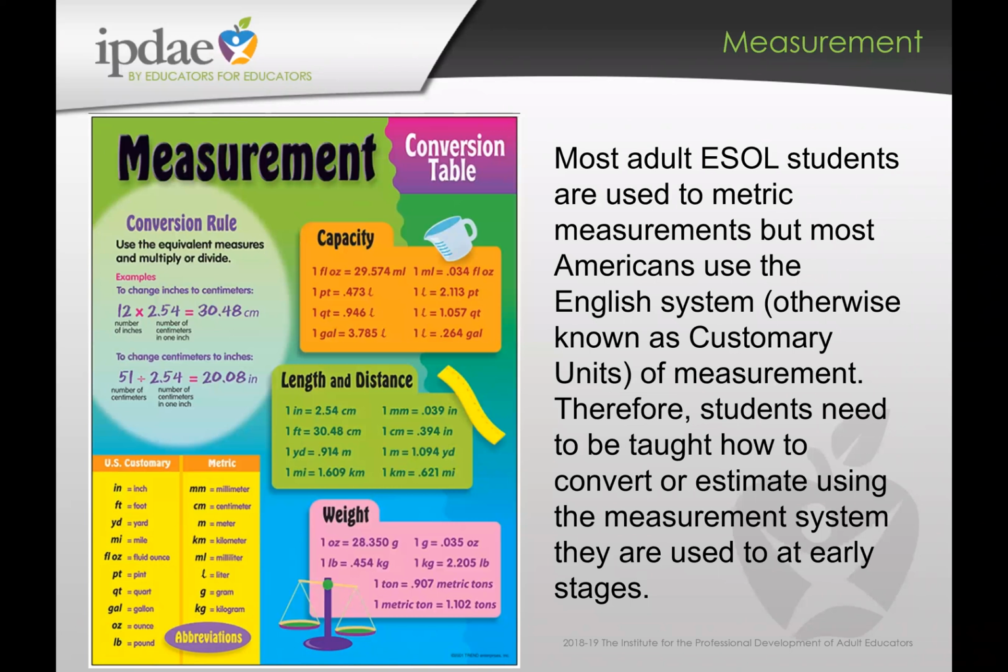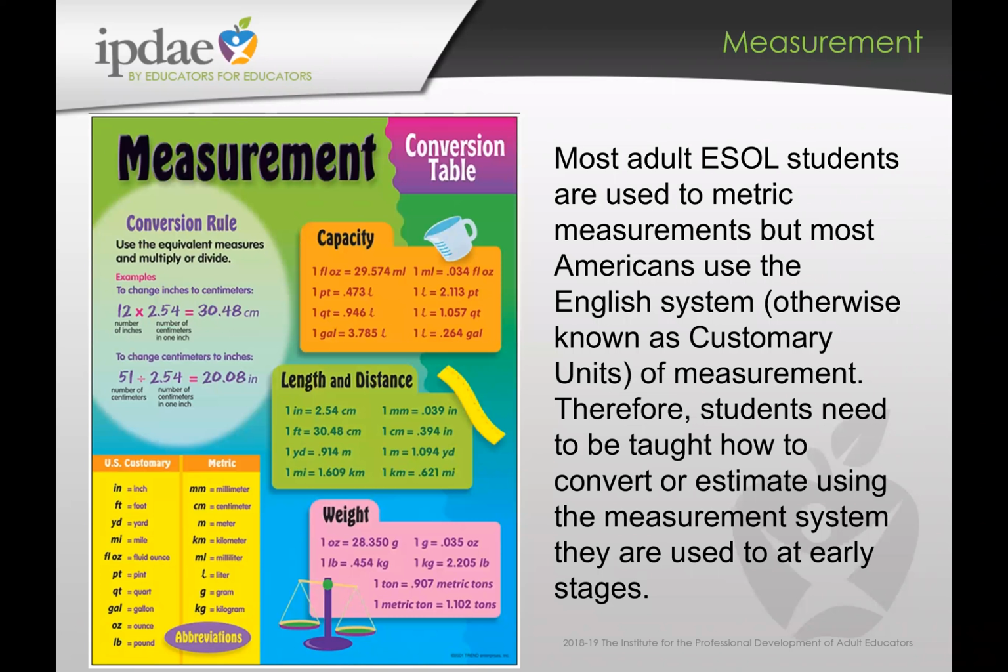Whereas in the English or customary unit system, there are really weird conversions between units of measure. I have here a measurement conversion table that I found online that may be useful to you. You can print it out and use it as a guide for your students.